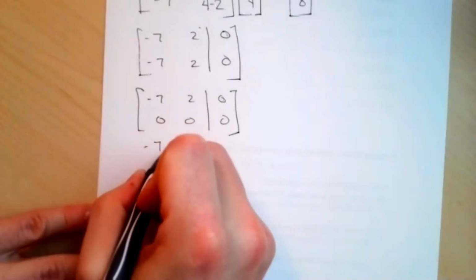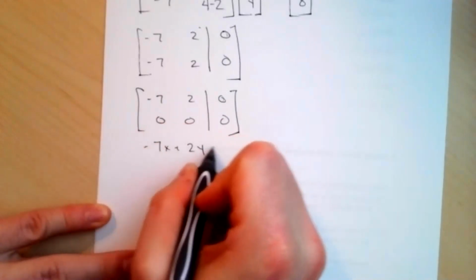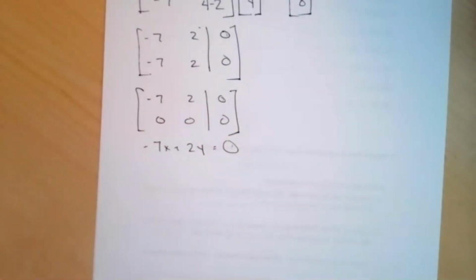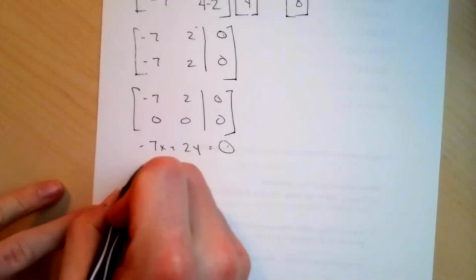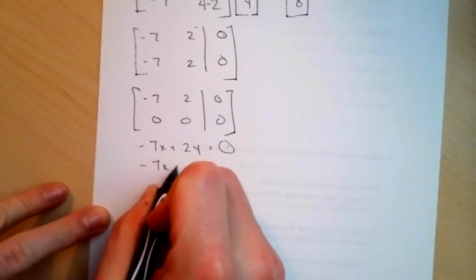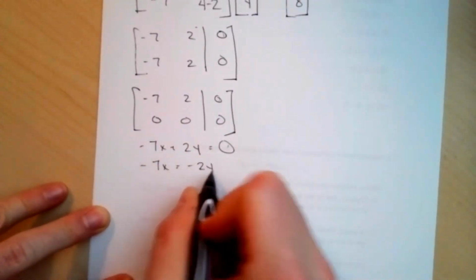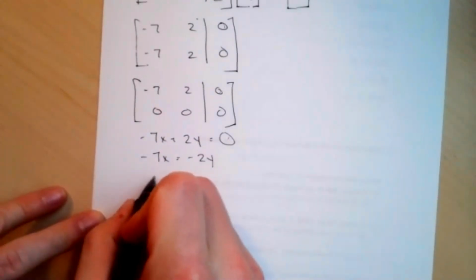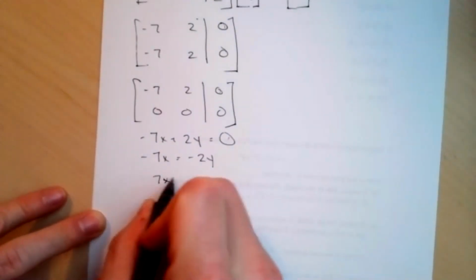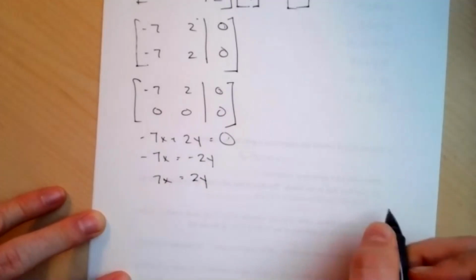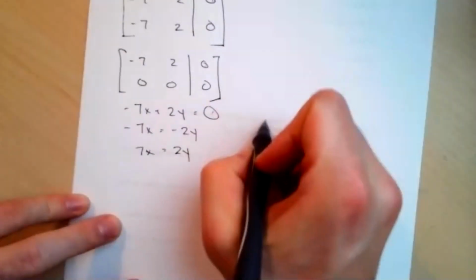What does this tell us? Gives us one equation relating x and y. -7x is -2y. Or maybe we can get rid of the negatives. 7x equals 2y.